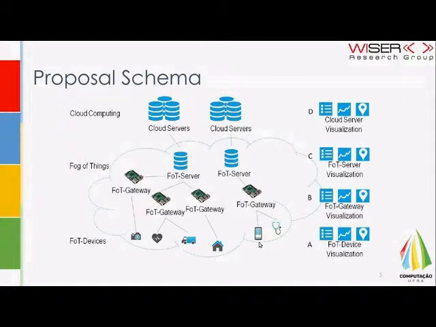The processing and storage capabilities are usually constrained, so it's necessary that the device sends data to a Fog of Things gateway at level B. In this case, data is processed and stored for a short time, since the storage and processing capabilities of gateways are limited. The data is only temporarily available before being sent to a FoT server at level C. At this point, it is possible to perform some treatment like filtering or aggregation in order to reduce the data volume.